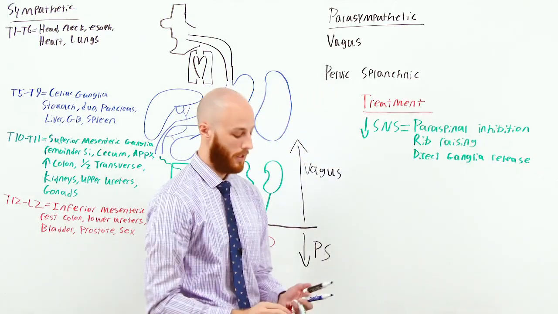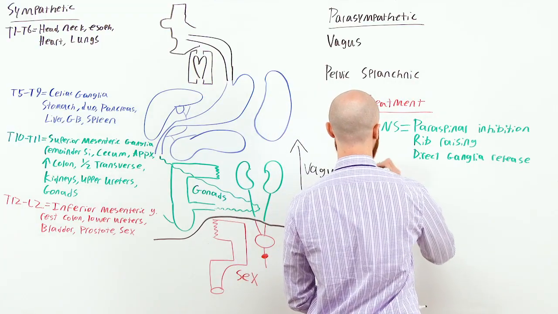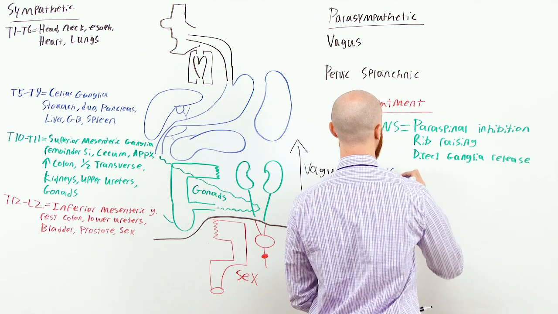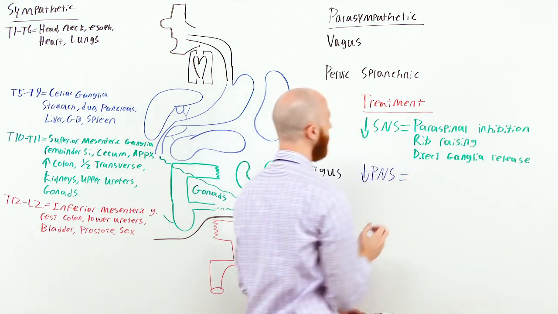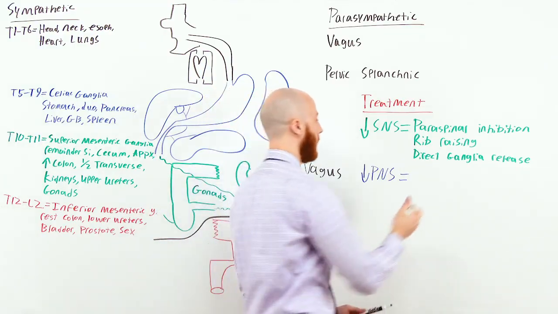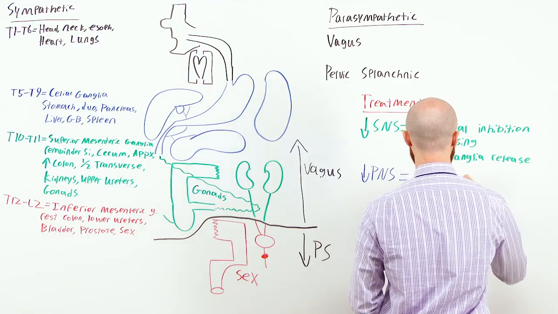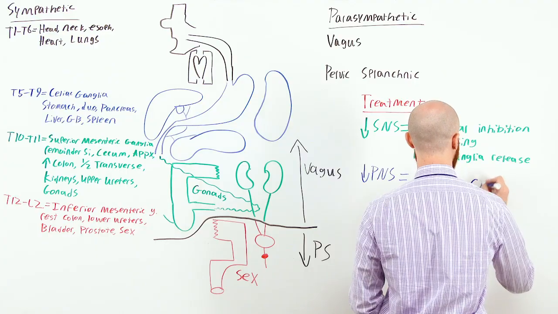So how about parasympathetic? It's going to be different if you're trying to treat the vagus or the pelvic splanchnics. So vagus, you're going to want to treat the OA.